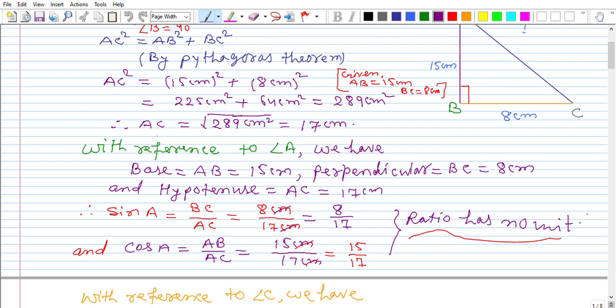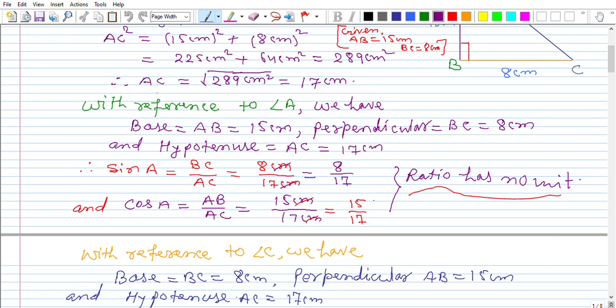Ratio has no unit, you know very well. And cos A equal to AB by AC, base by hypotenuse, 15 centimeter divided by 17 centimeter, and you get 15 by 17. It is in reference to the angle A as an acute angle.